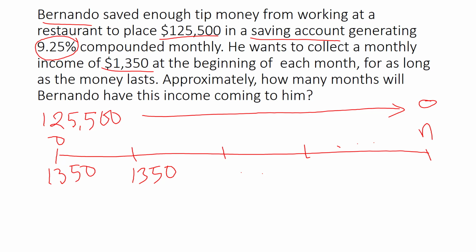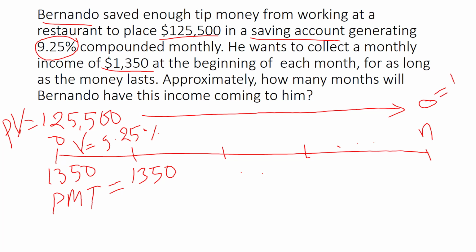And the interest rate he is making here, R, equals 9.25%. So given this information, this is the present value he has, meaning $125,500, that's the present value of his total savings, and he is going to withdraw that PMT, this $1,350 each month for as long as it is possible, and by the end of this period his savings are all gone, so that 0 will be the future value.